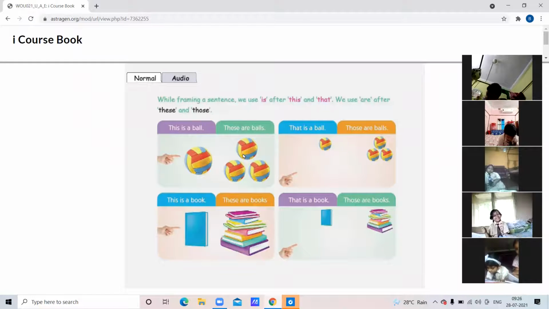This is a book. These are books. That is a book. Those are books. Read loudly. Yes, I can hear him.